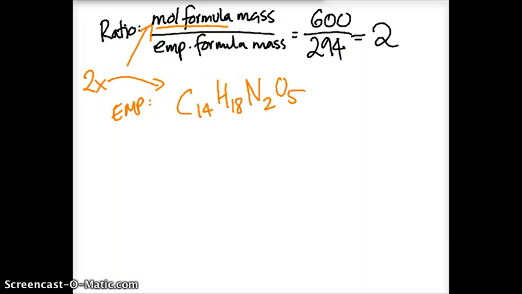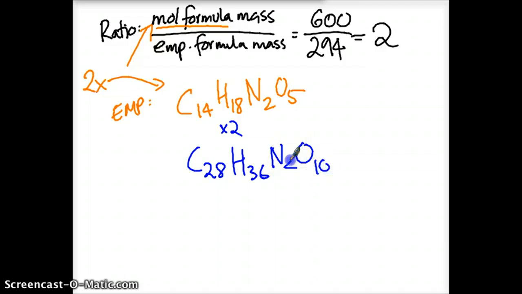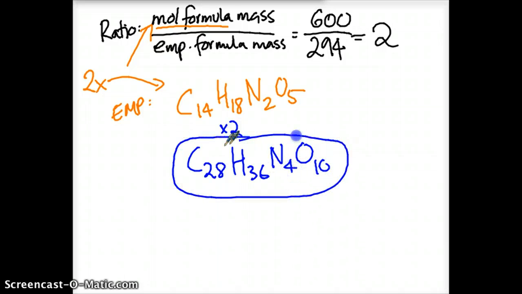And so if we do that, we multiply all these times 2, we would get C28H36N4O10. Boom. That would be the molecular formula for NutraSweet.